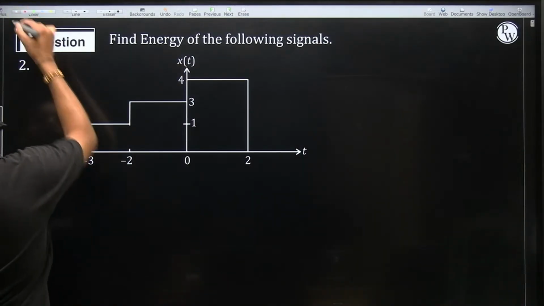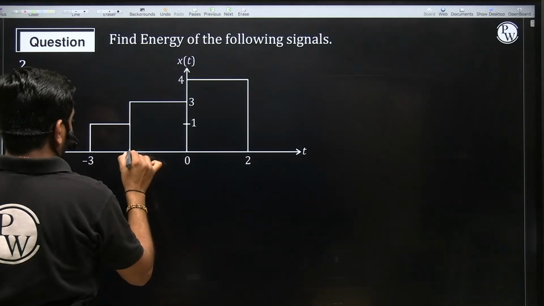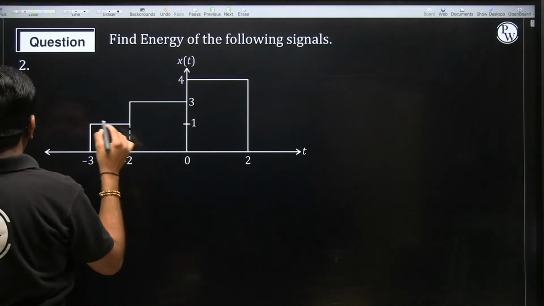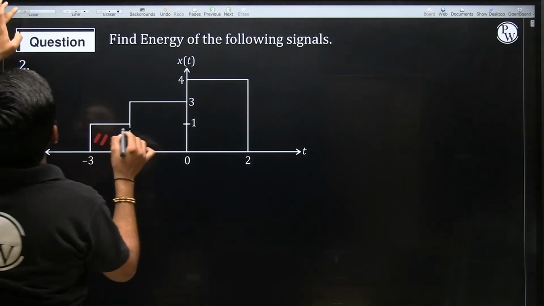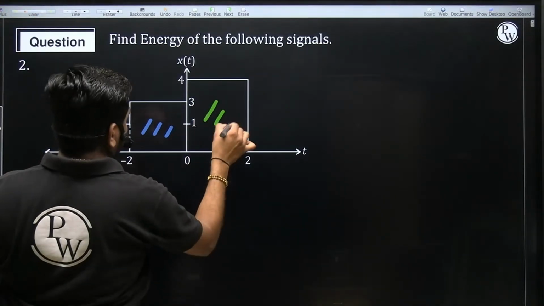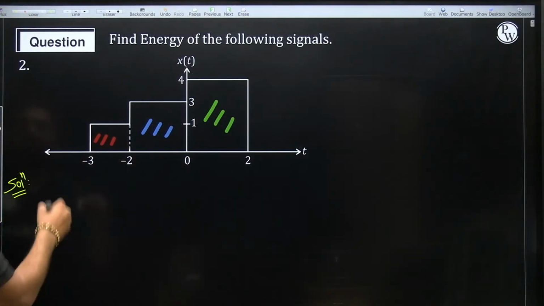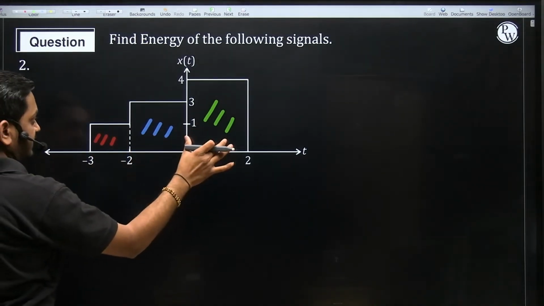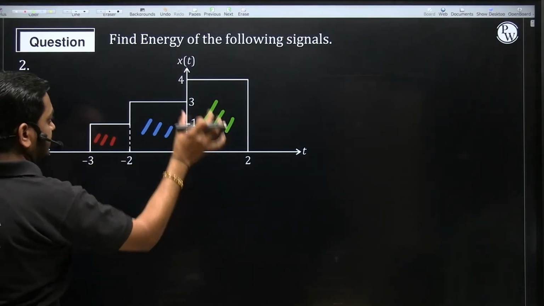So you can take this rectangle, this rectangle, and this rectangle. Take this rectangle first, then this rectangle, and then this rectangle. Clear? Now see, this is x1, this is x2, and this is x3, and the sum of x1, x2, and x3 will be x of t.